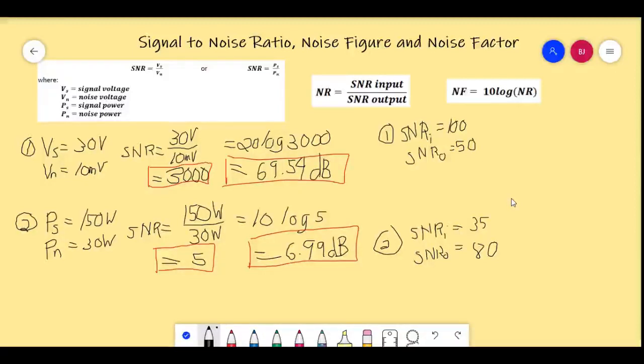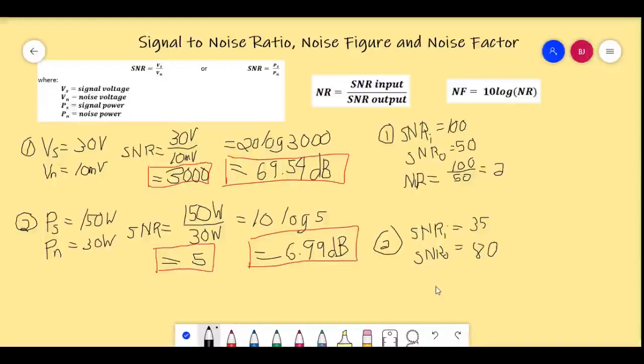In the second example, the signal to noise ratio in the input is lower than the one at the output. So let's determine the noise figure. So NR is just the ratio of the SNR input, which is 100, divided by 50. And 100 divided by 50 would be equal to 2.